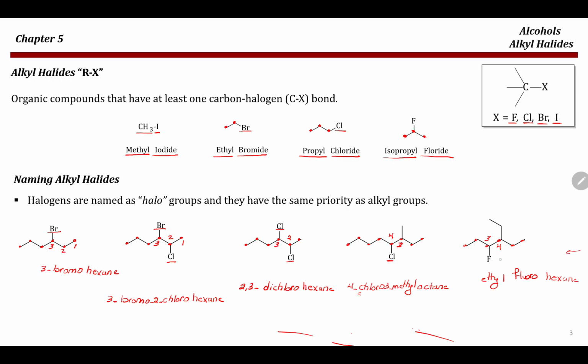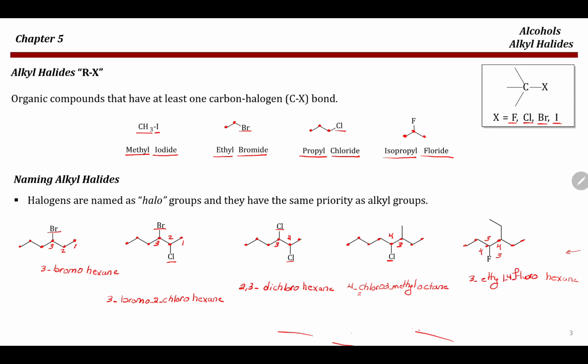Counting from the right side will reverse the numbers, but they will still be the same, so 3 again and 4. Since we are getting the same numbers by counting from the left or right side, in this case we have to refer to the alphabetical order rule, which states that the group which is written first according to alphabetical order should be given the smallest possible number. Since ethyl is written first, ethyl will be given position 3 and fluorine will be given position 4.